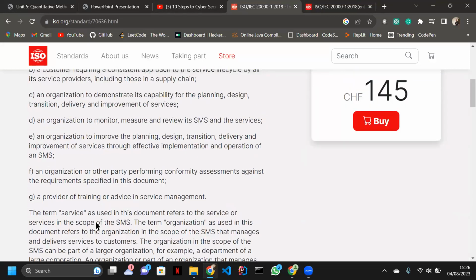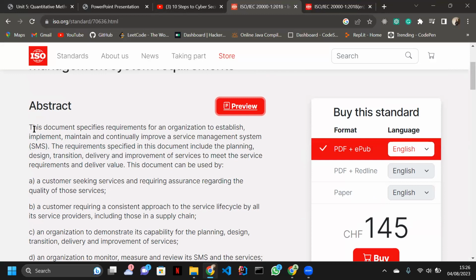Let's see what the aim was. This document specifies the requirements for an organization to establish, implement, maintain, and continually improve a service management system. The requirements specified include the planning, design, transition, and delivery of improved services to meet the service requirements and deliver value.